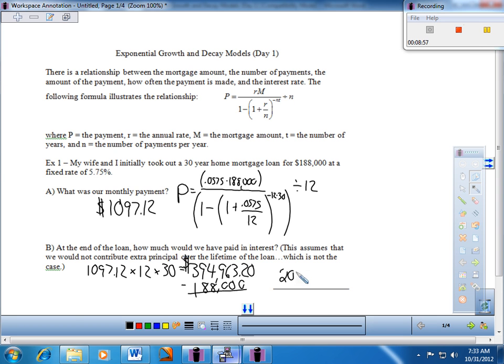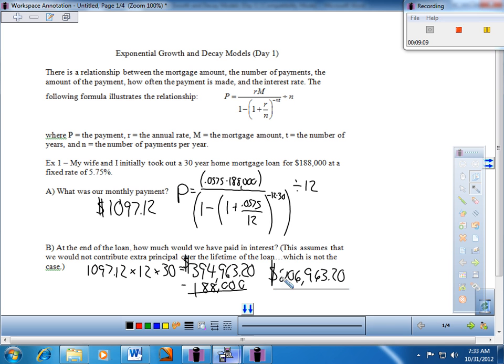So that's what's kind of interesting about that piece. You're not just paying off what you take out, you're paying all that interest and quite a bit of money. All right, so if we only paid this amount every single month, we would have paid this much in interest above and beyond our loan. Wow, that's crazy.